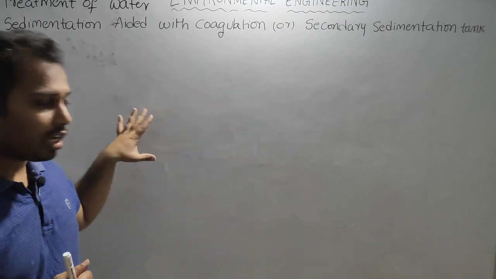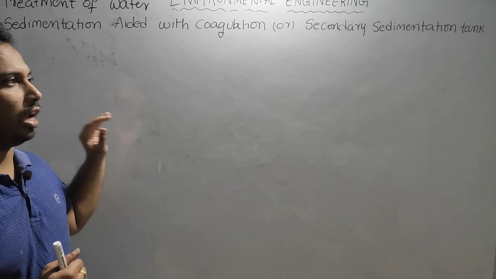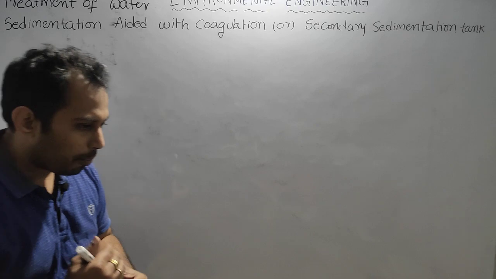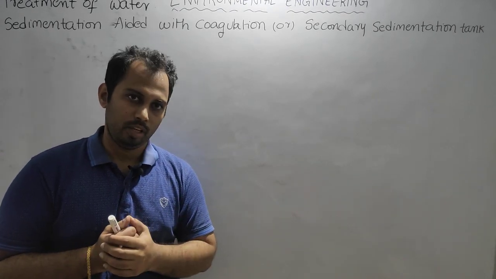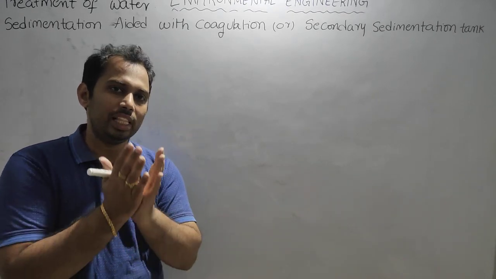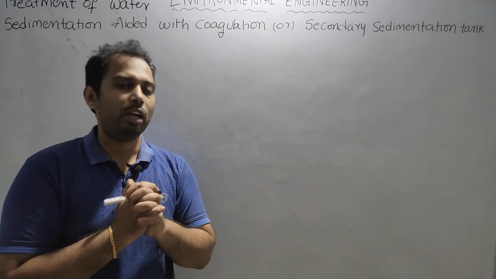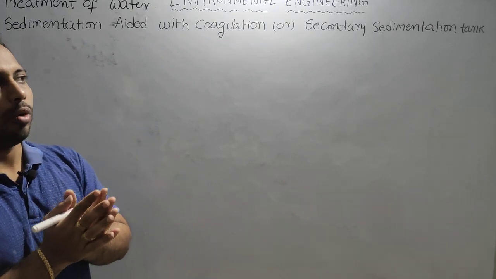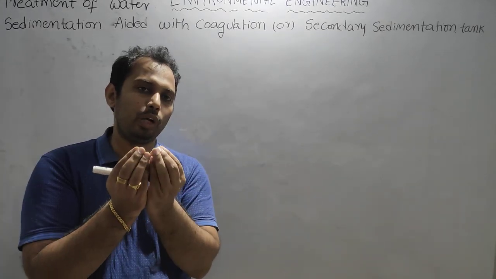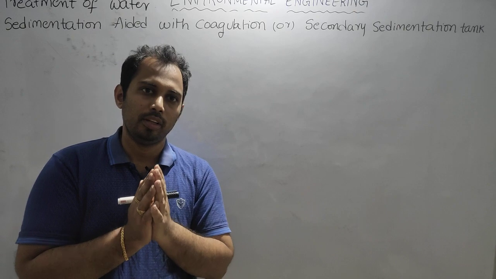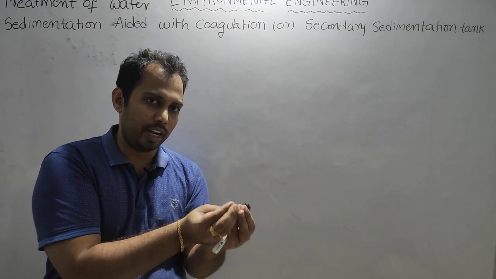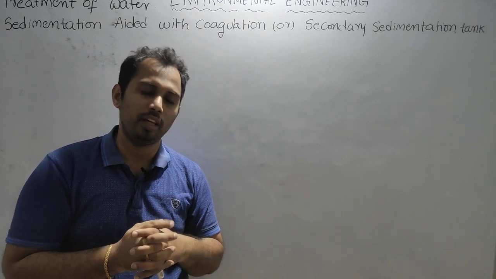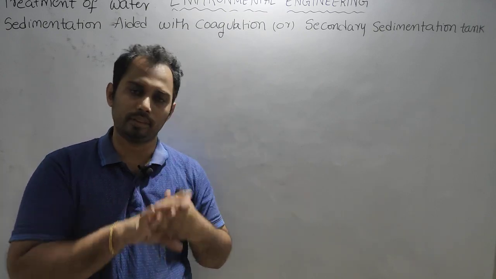Because of this negative charge, they won't allow any particle. So all the finer particles will have negative charge. If you want to settle them in a sedimentation tank, sedimentation works on the principle of the gravimetric technique. That means we want the particle to settle on its own weight. When a negatively charged finer particle goes and attracts another particle, only then will their size increase.